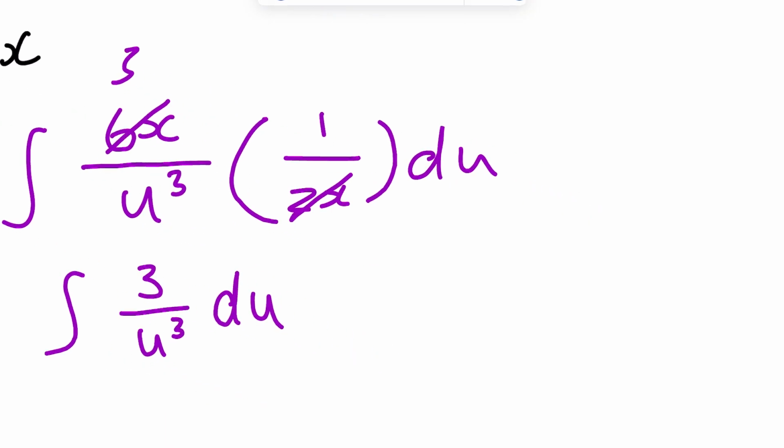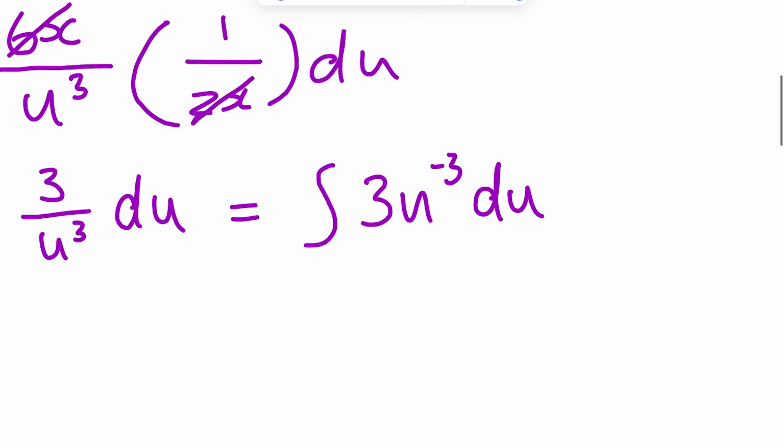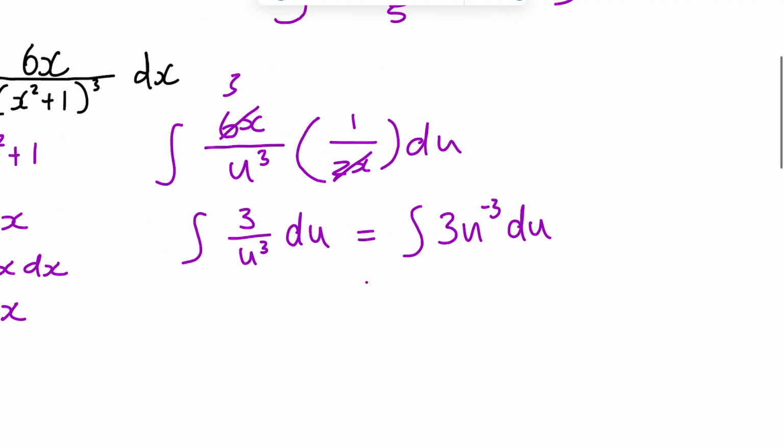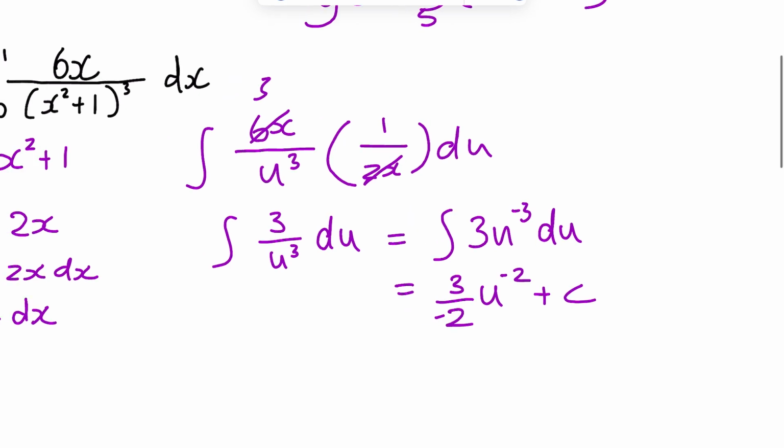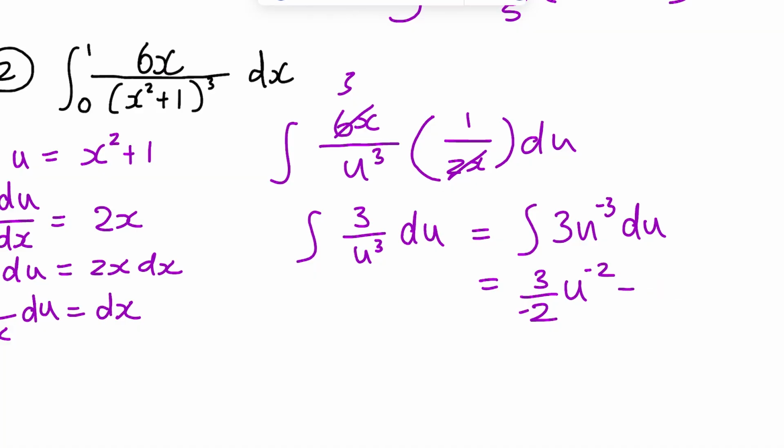And in order to integrate that, first off, I want to not have the fraction, so I leave it as a negative exponent. And now we integrate it, which in this case gives us u to the power of negative 2, divided by that power. And in this case, we don't add c, remember, because it is a definite integral.